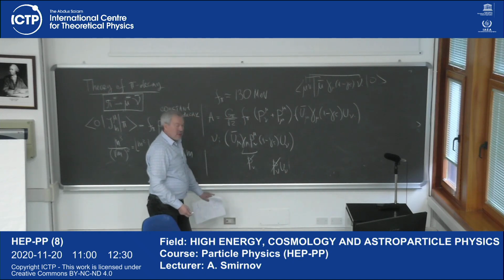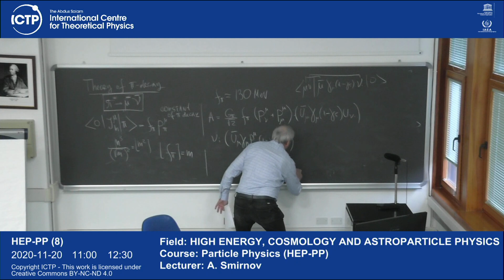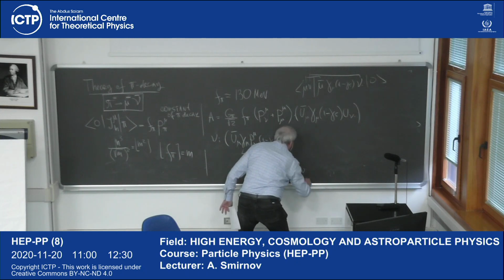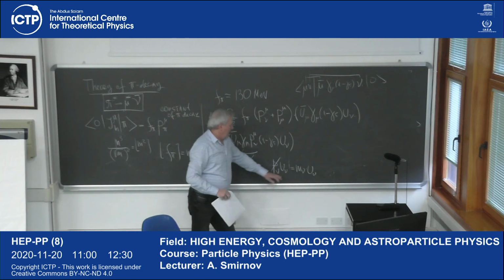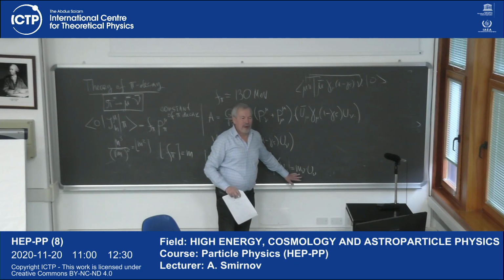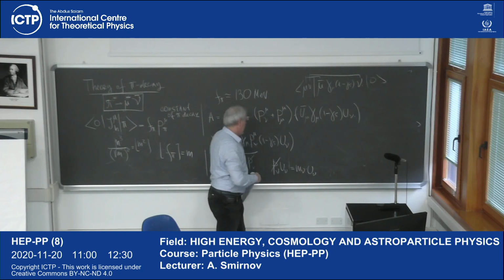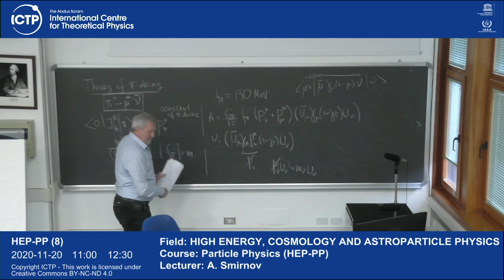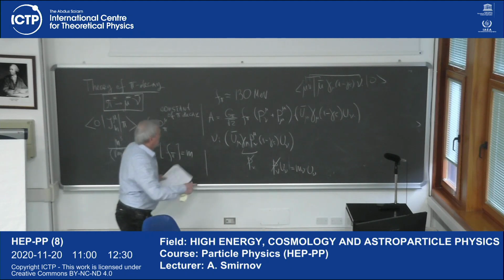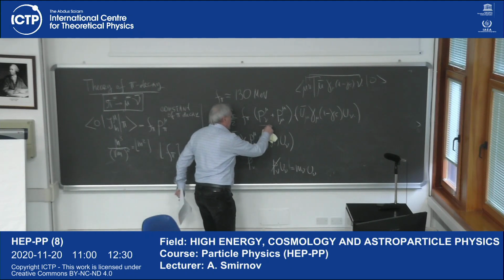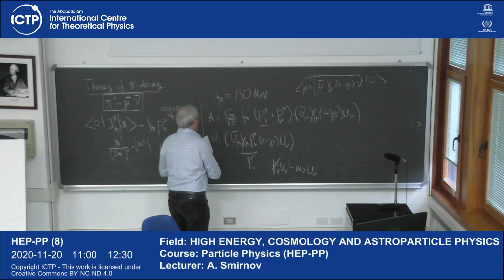And due to the Dirac equation, that will be the mass of the neutrino times the spinor again. And the mass of the neutrino is extremely small, so I can neglect this. Okay? So this is the result from this momentum.